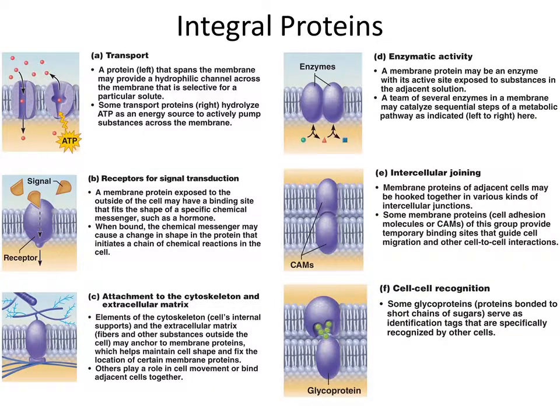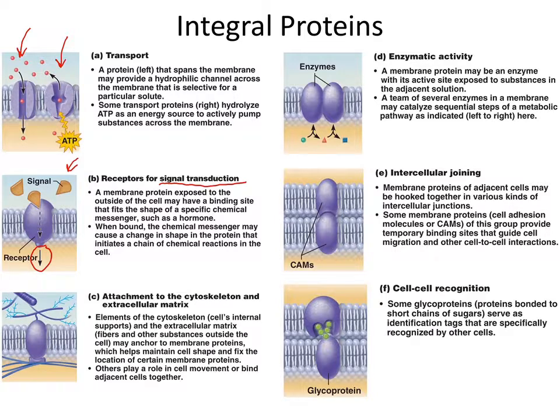Integral proteins within the plasma membrane have many different functions, including transport. In a different video, we'll talk about integral proteins that serve as both channels and carrier molecules to move molecules across the plasma membrane. Since these proteins span the plasma membrane, they're also capable of acting as signal transduction molecules, where they can bind to signals on the extracellular side and move that message inside the cell from the intracellular side.